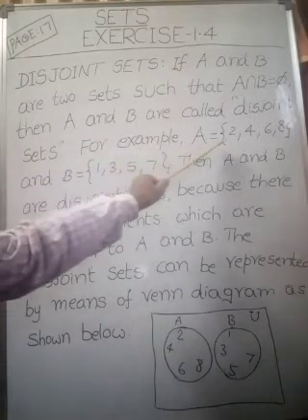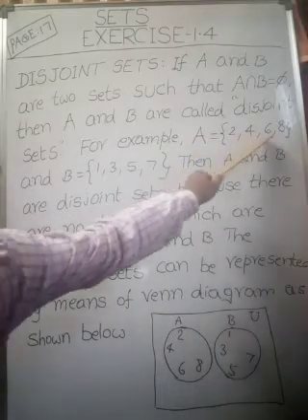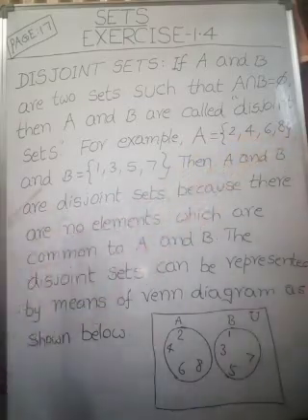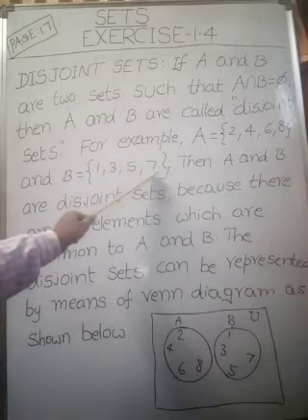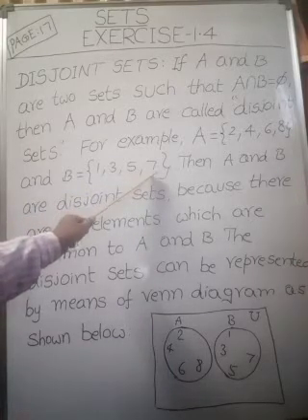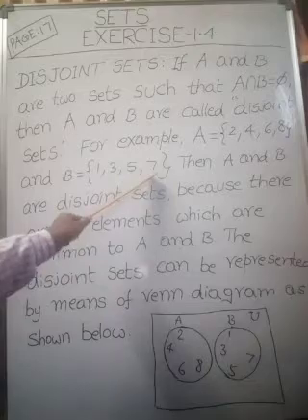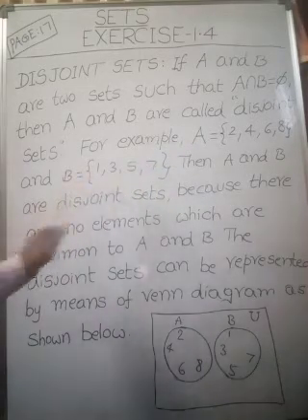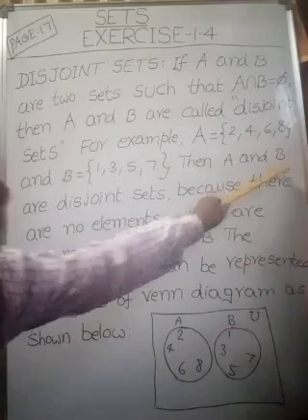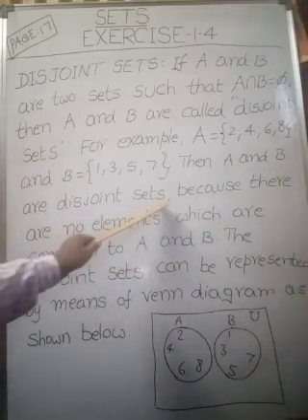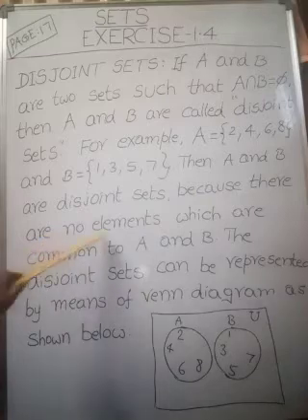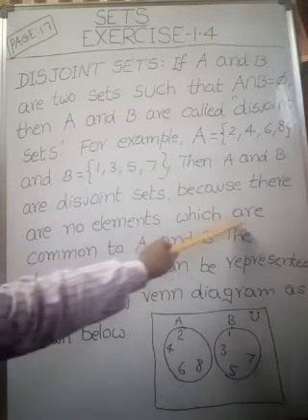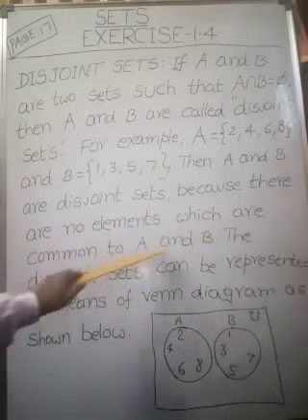A is equal to set 2, 4, 6, 8 and B is equal to set 1, 3, 5, 7. I assumed these two sets. Then A and B are disjoint sets because there are no elements which are common to A and B.